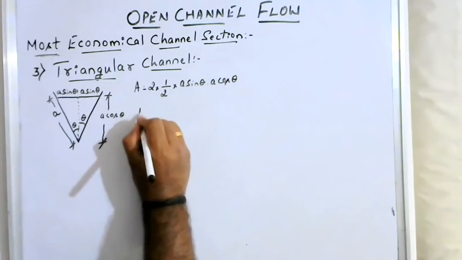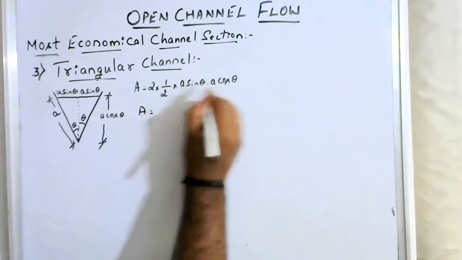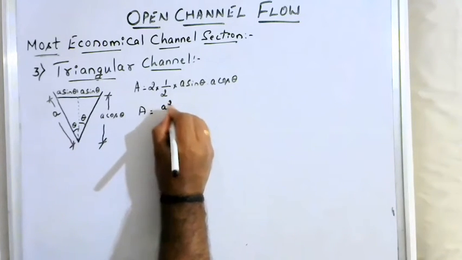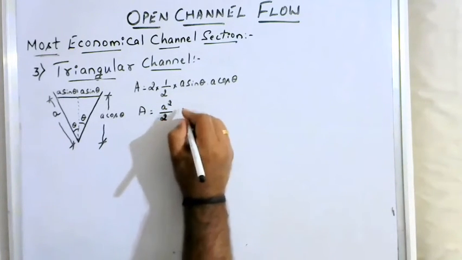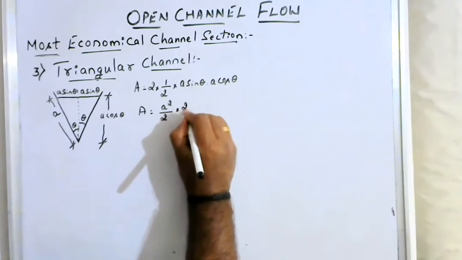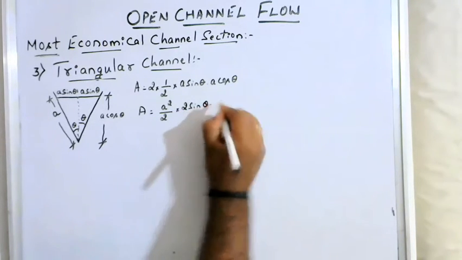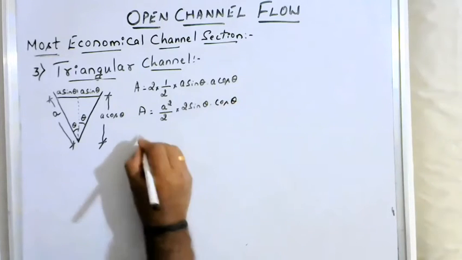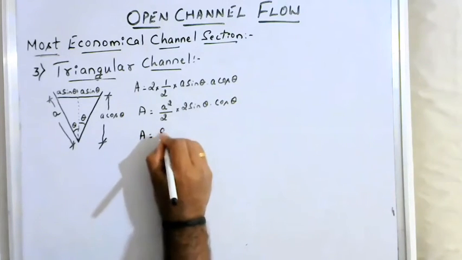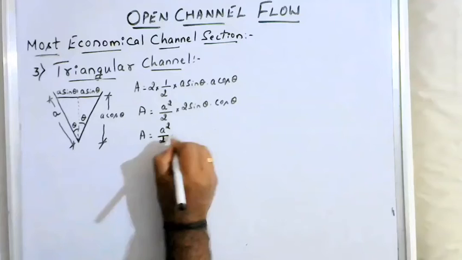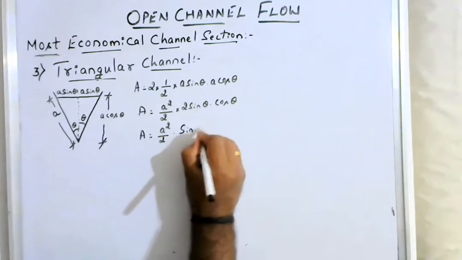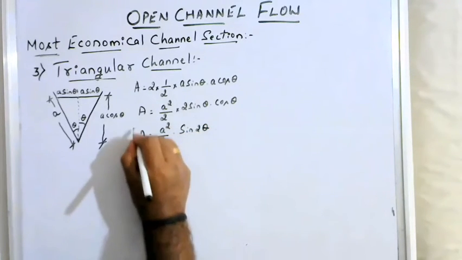So area is a square divided by 2 into 2 sine theta cos theta. Therefore, area A is a square by 2 into 2 sine theta cos theta, which is nothing but sine 2 theta. I got the area.